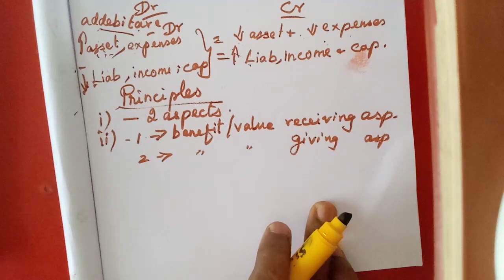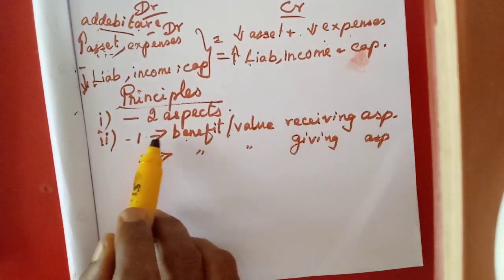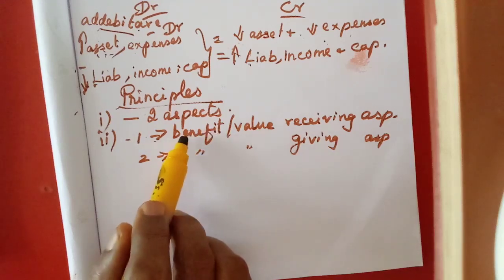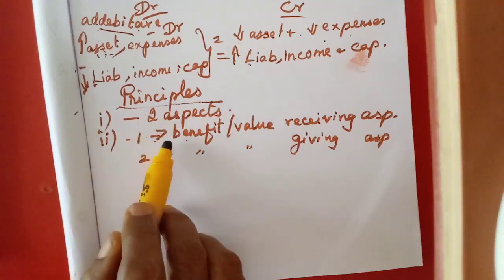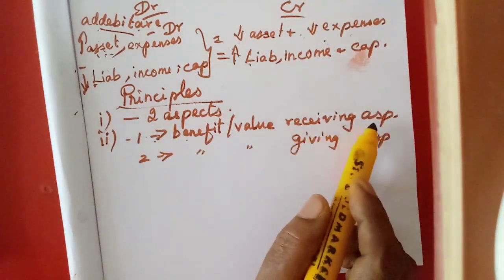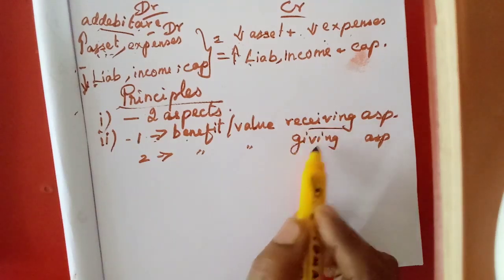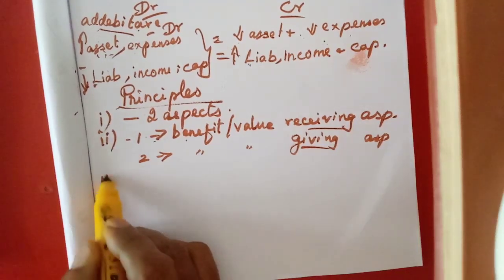So the two aspects here we have learned. The first one, for each and every business transaction, there are two aspects. One aspect will be the benefit or value receiving aspect, the other will be the benefit or value giving aspect. So in short, one is the giving aspect and the other is the receiving aspect.